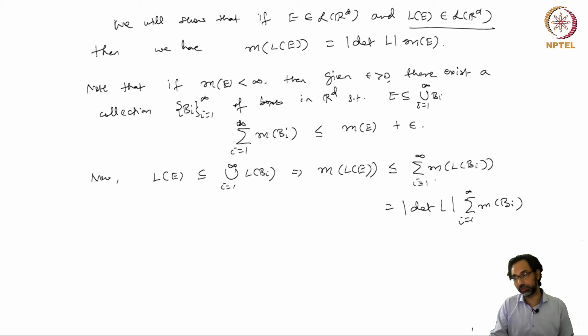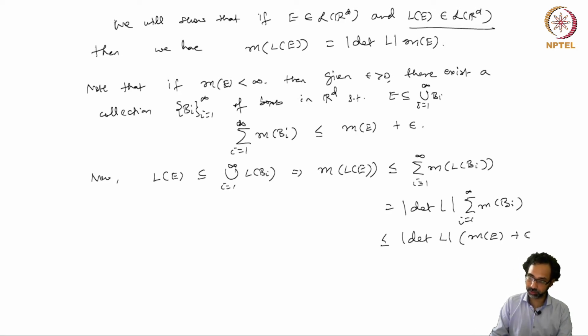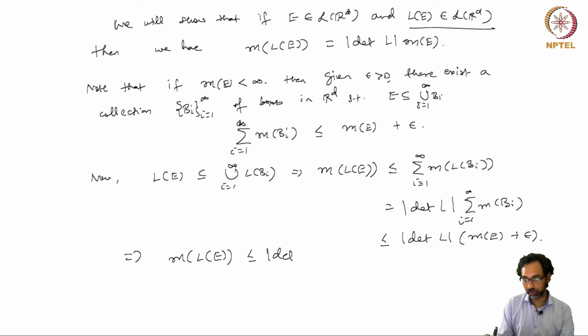For each i we have this equality, m(LB_i) equals the modulus of the determinant of L times m(B_i), because we know this for elementary subsets. And so we get the modulus of the determinant of L times m(E) plus epsilon. So this implies that the measure of LE is less than or equal to the modulus of the determinant of L times the measure of E.